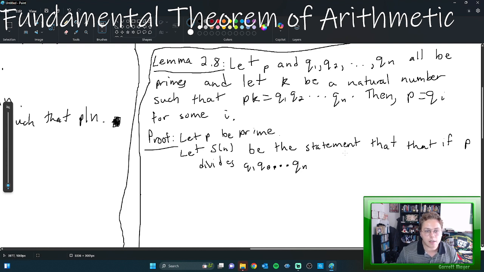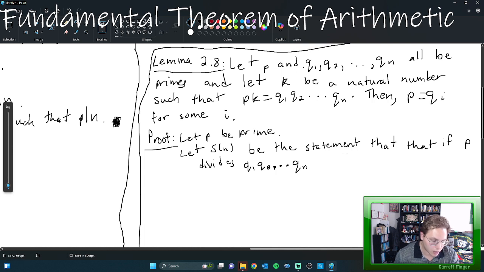So notice n is this thing that we're indexing on. It's the number of different primes that are being divided by. We're showing that if P divides 1 prime, and then 2 primes, and then 3 primes, then it equals one of those primes in each of these cases, all the way as n approaches infinity.